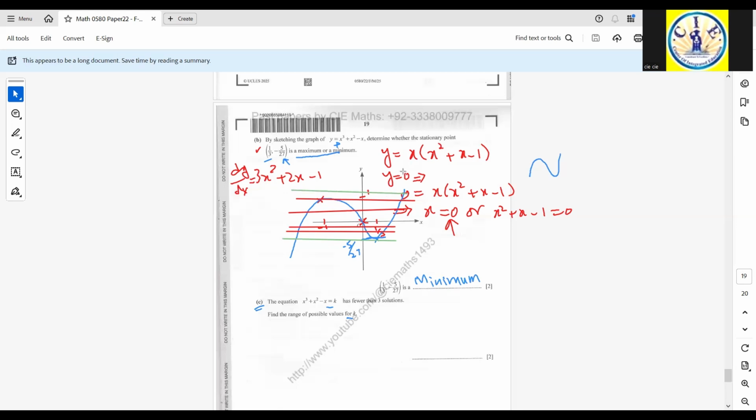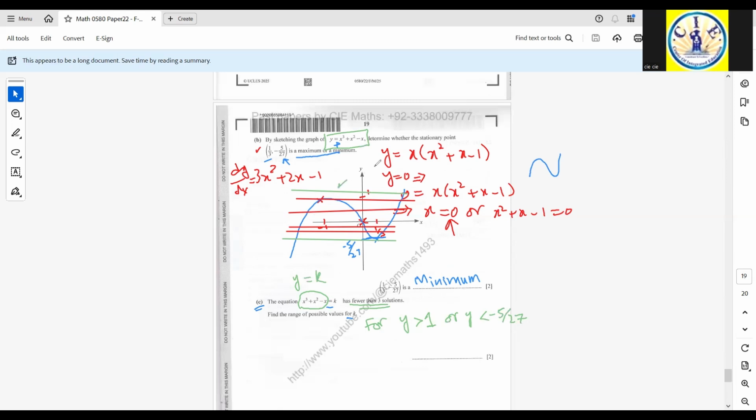So what I need to show is, for y greater than 1 and y lesser than negative 5 by 27, since this is the value equal to y, y is equal to k has fewer than 3 solutions for this particular range, for y greater than 1 or y lesser than negative 5 by 27.